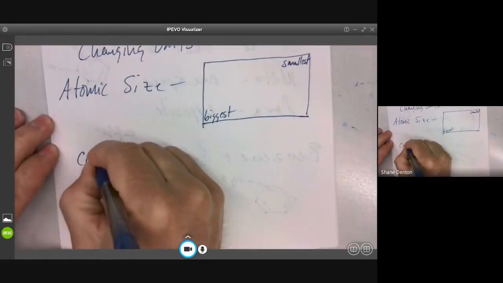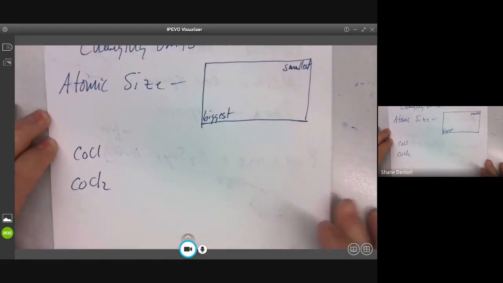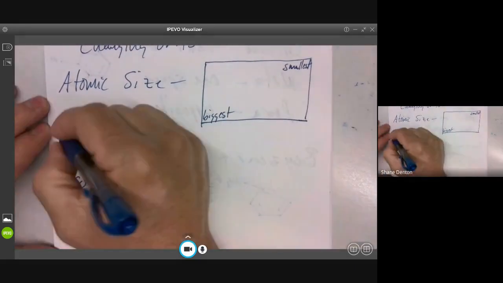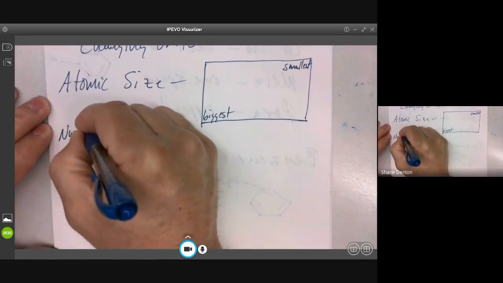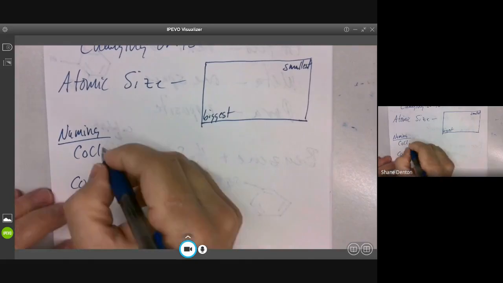If I gave you COCl and I gave you COCl2, and I asked you to name these, anybody know the difference if I were to name those two?